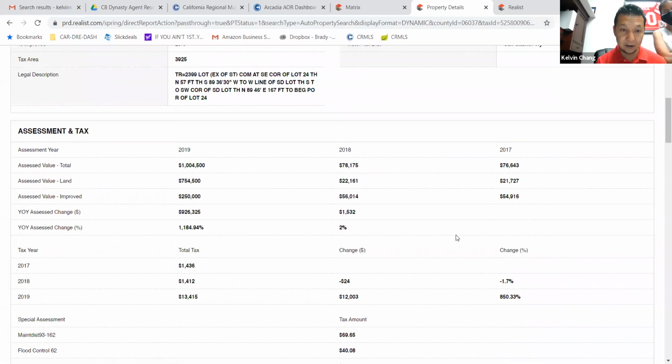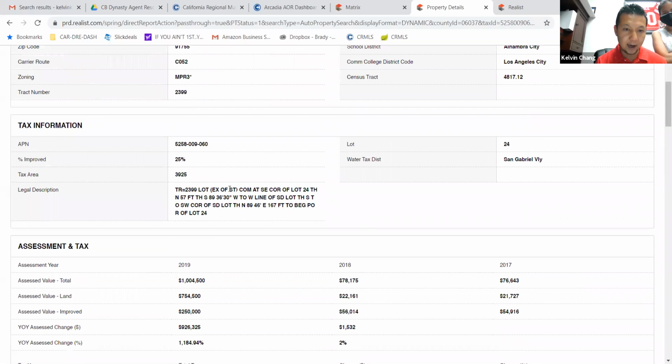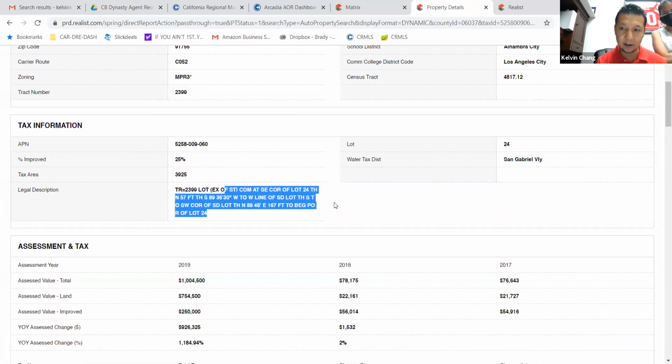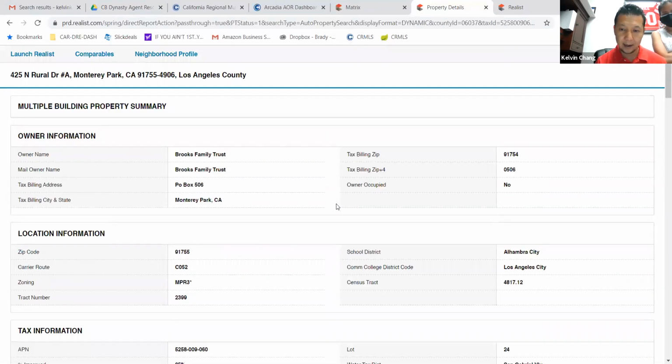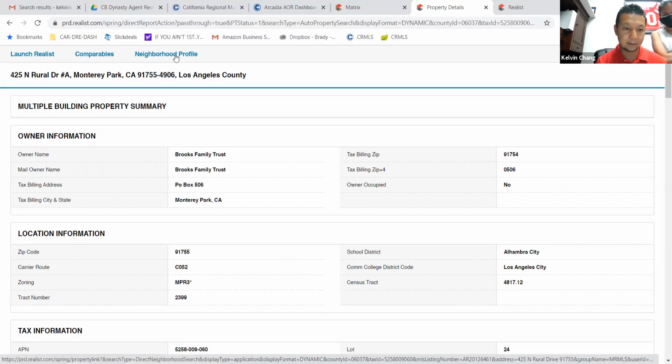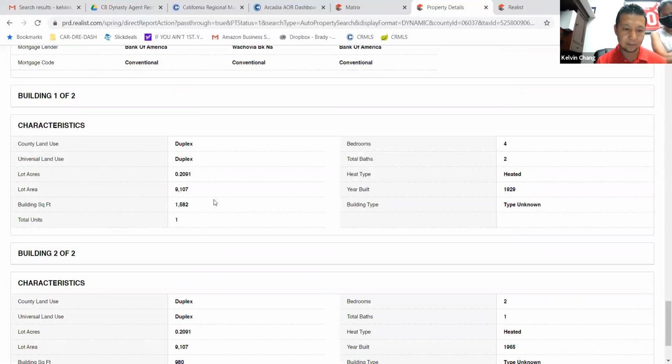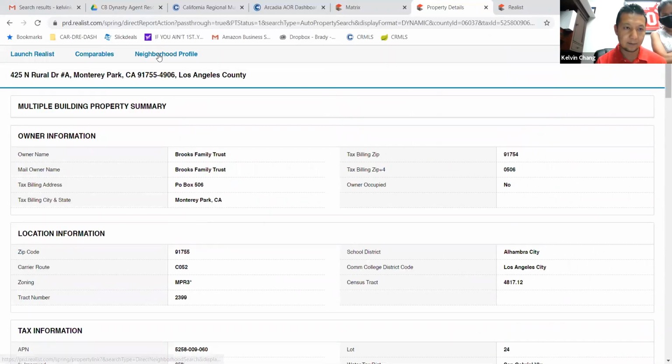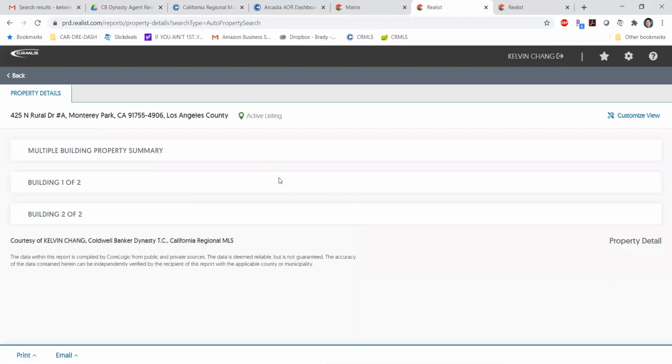So I don't see it given to me. I mean, there's all this stuff here. I pull up the plat map and I hope you can see it.